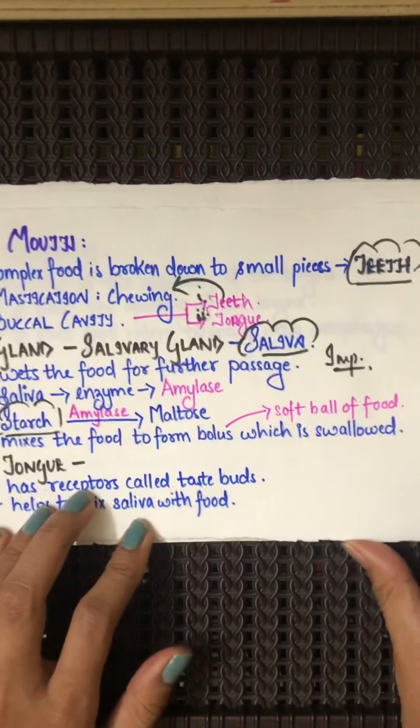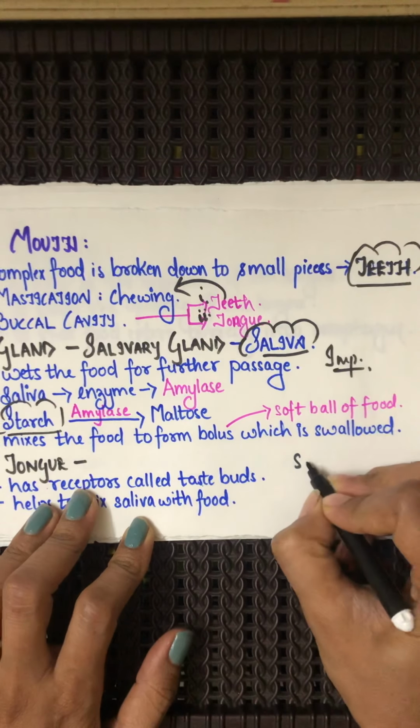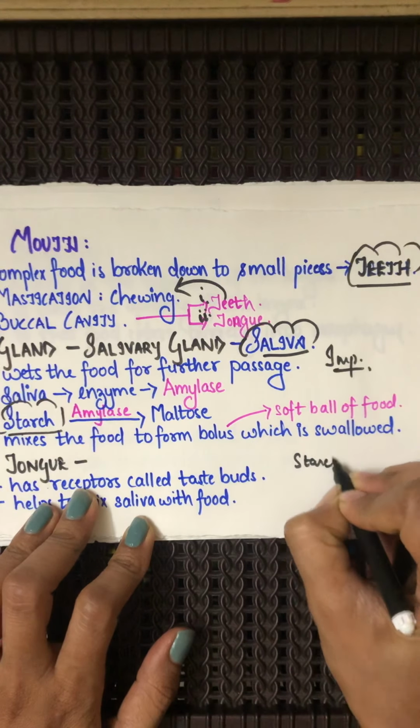For example, this starch is a long chain of many glucose. Now this long chain of starch cannot be absorbed by our body directly, and therefore the starch has to be broken down into simpler forms.